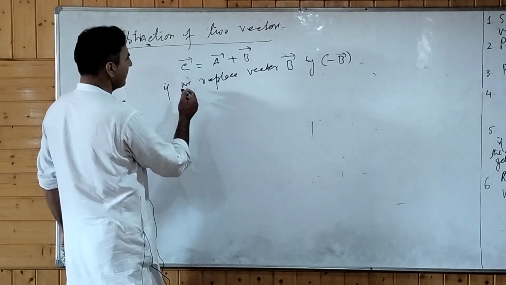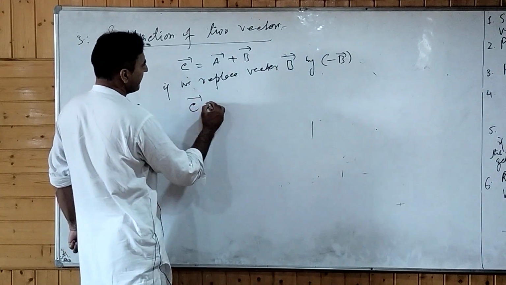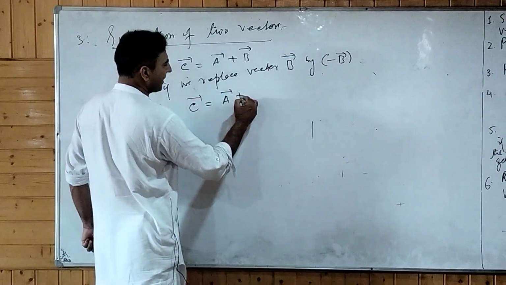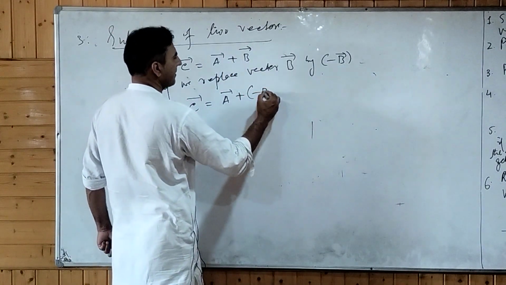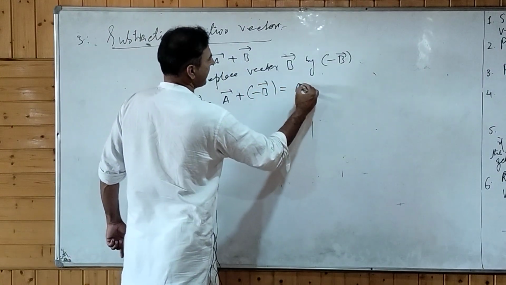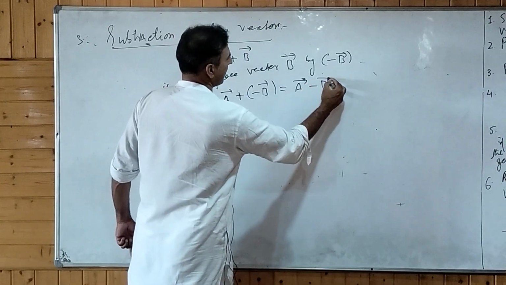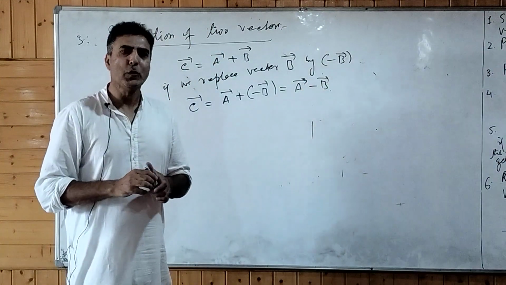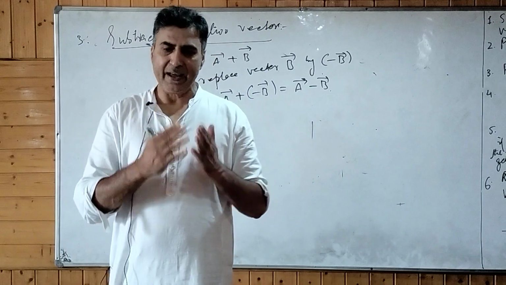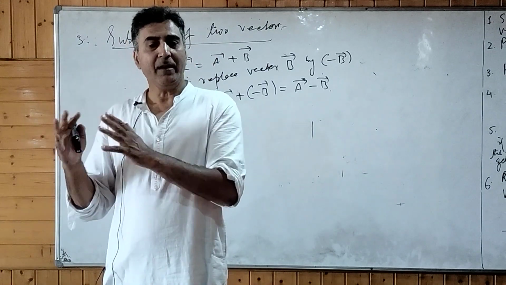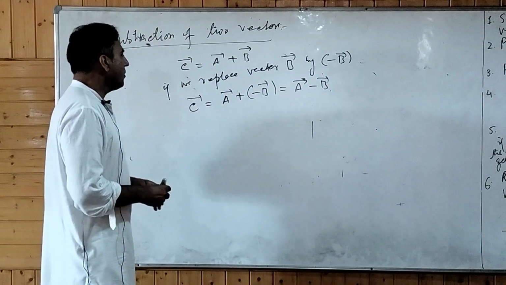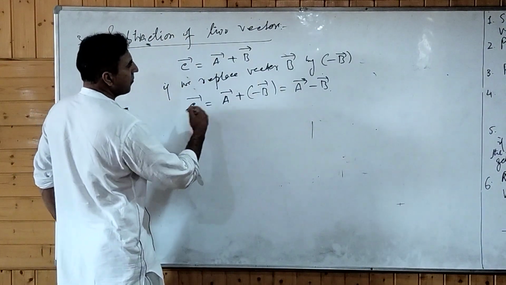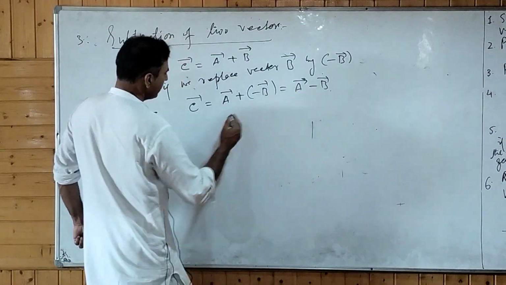So what we do, what we write, vector C resultant is A again plus, that means you are adding it, but not to B but to minus B. That becomes A minus B. That's all. So you have to add again 2 vectors. You have to add vector A not to vector B, but you have to add vector A to the negative of B. That's all. So again, what is the magnitude now of the difference of the 2 vectors?